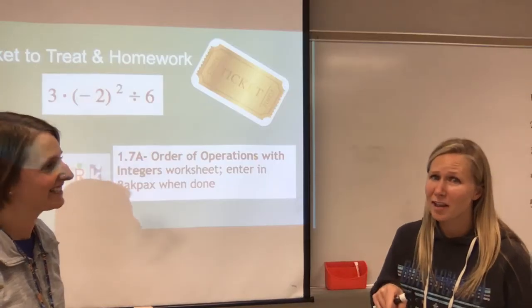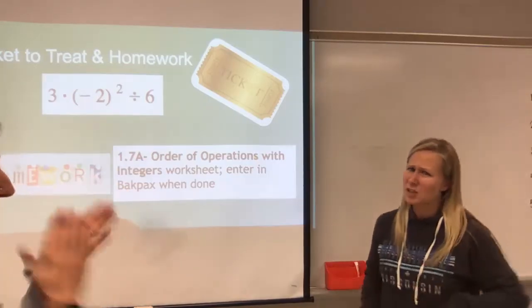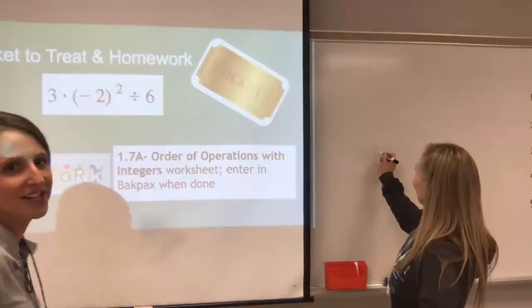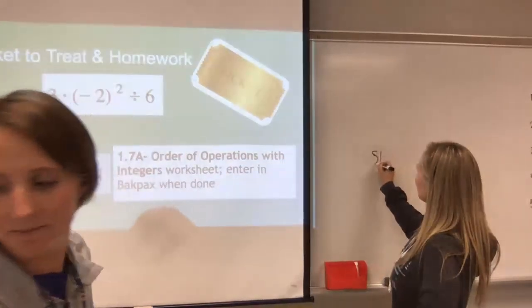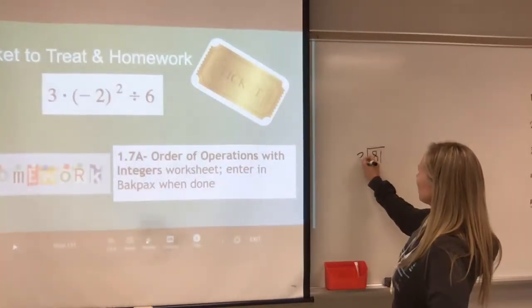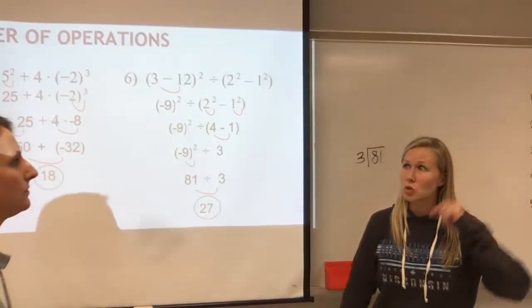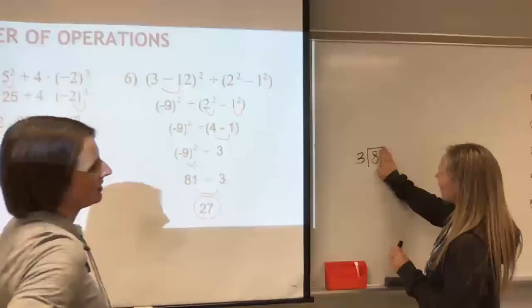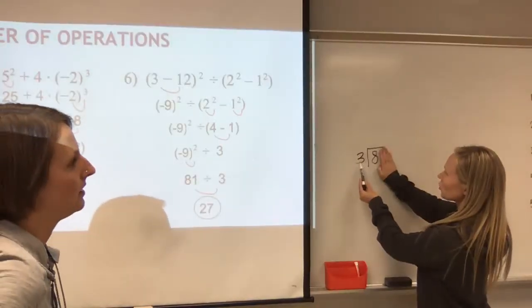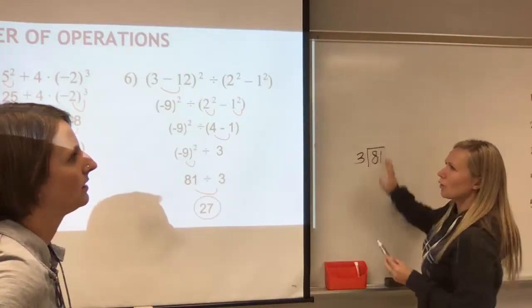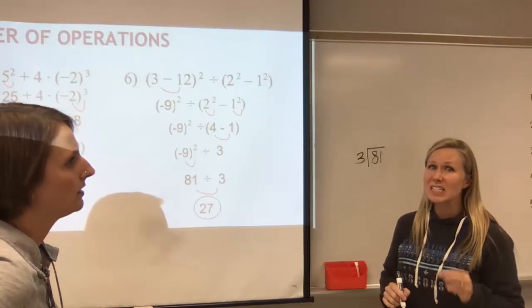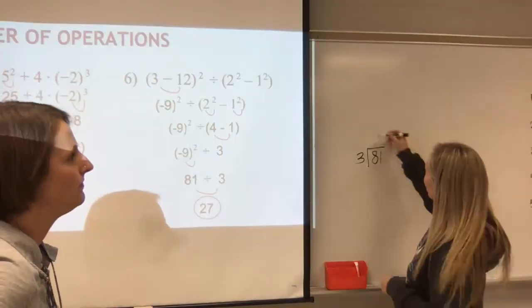Now I'm going to try long division on these two numbers and see if I get 27. 81 divided by 3. How many groups of 3 go into 81? Well, that's too big, so I'm going to cover up that one and ask myself, how many groups of 3 go into 8? Well, 3 times 2 is 6, 3 times 3 is 9. So 2.